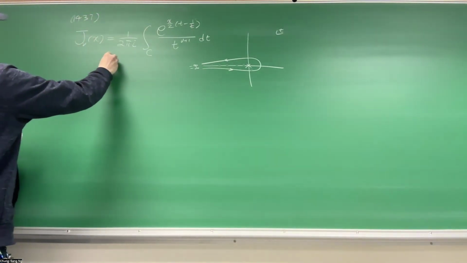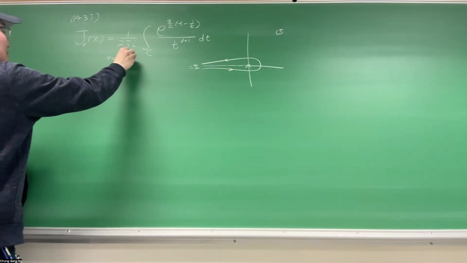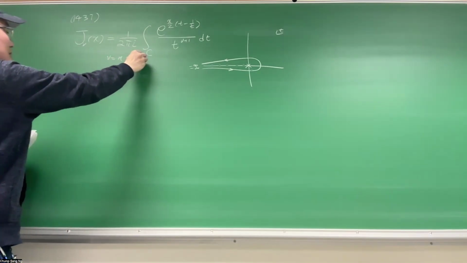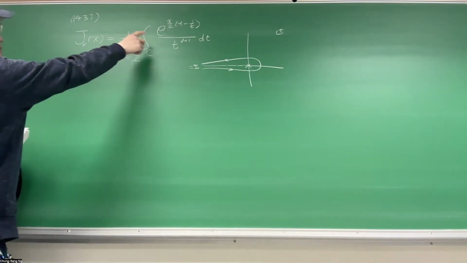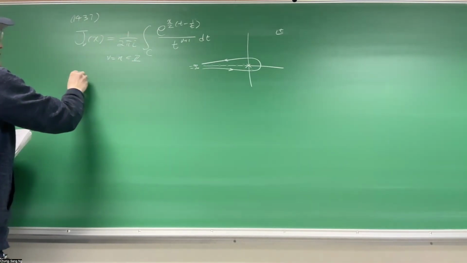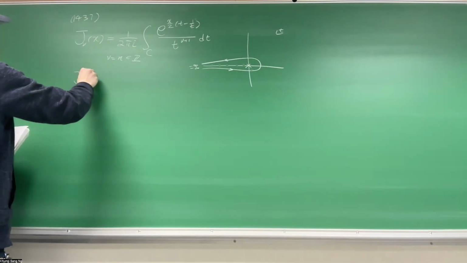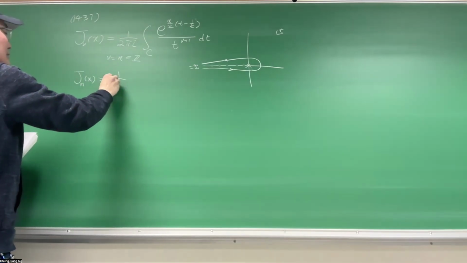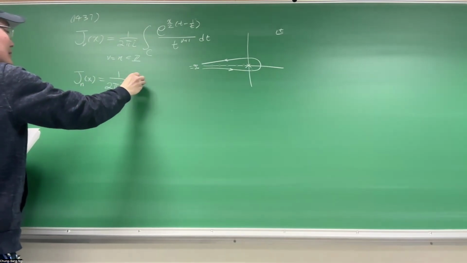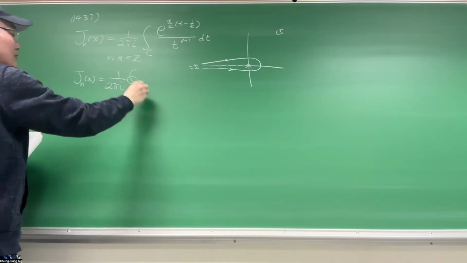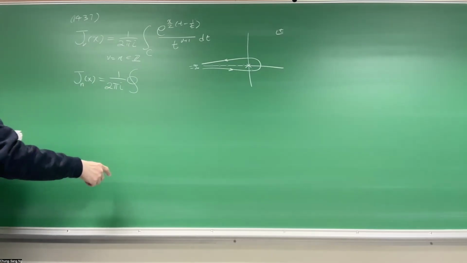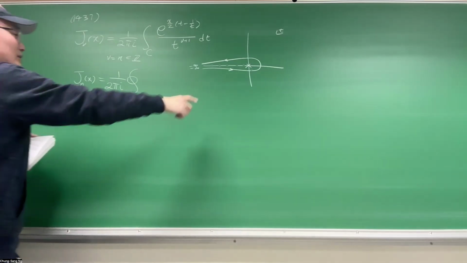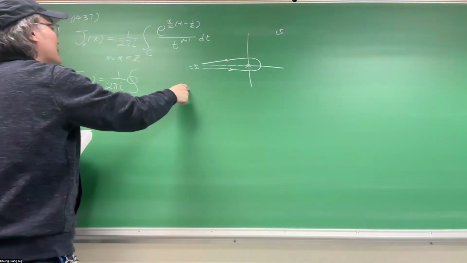For nu equals n, an integer, then we have J sub n. I think we did that last time. But now this is a closed curve, a closed circle around the origin, the essential singularity, in a positive sense, right?